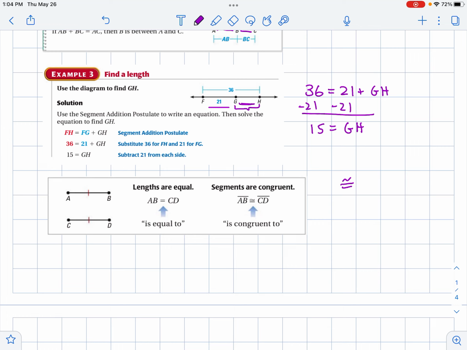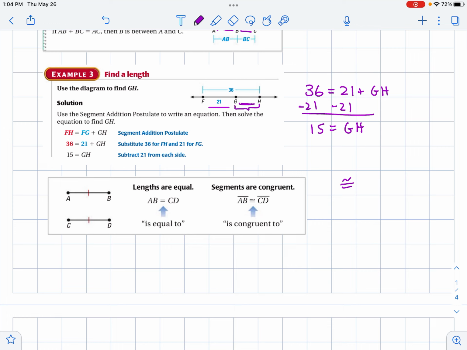So notice here, I put this little box here. AB is the same length as CD. Therefore, they're equal this way. AB is equal to CD. But notice, I don't have the little line above it. So that's talking about the measurement. In other words, this is saying AB's measurement is the same as CD's measurement. Okay? Now, if you put the line above it, you talk about the segments being congruent.